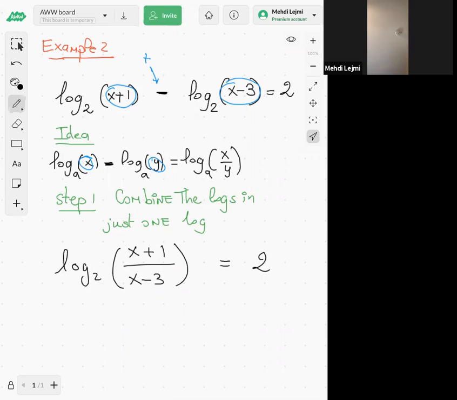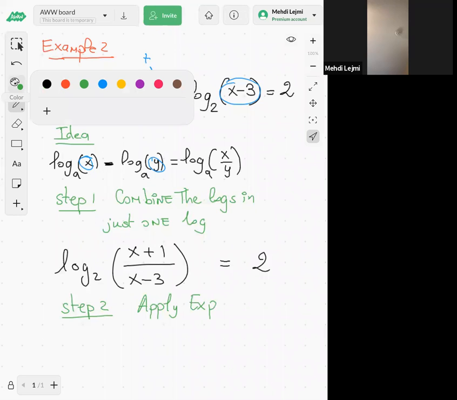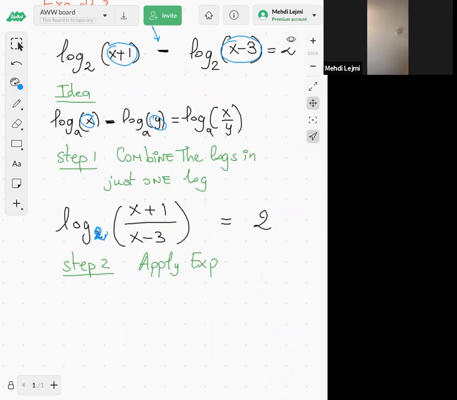Now, okay, so now we had just one log. That's the first step. The second step, get rid of the log as usual by applying the exponential, right? Apply the exponential to get rid of the log as usual. So this is a log in base 2, right, so I'm going to apply exponential in base 2.